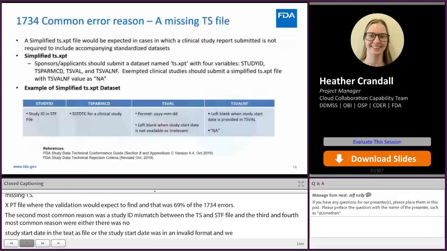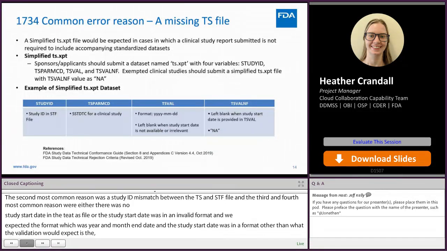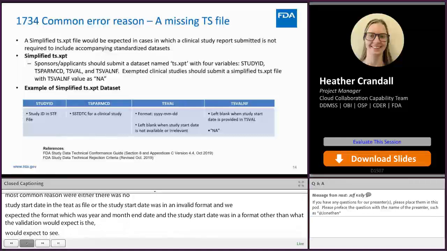When we talk about a missing ts.xpt file as a common error reason, there are two types of ts.xpt files that are referred to with the TRC.